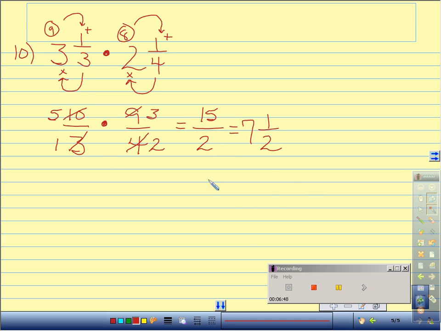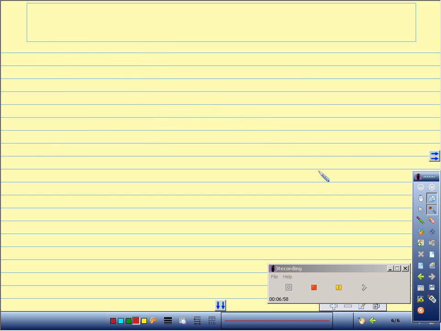We'll look at number 19. The directions for this part say, for exercise 19 through 24, evaluate each expression if R equals 1 2/3, S equals 2 1/5, and T equals 3/4. Well, for 19, it just says 4T.